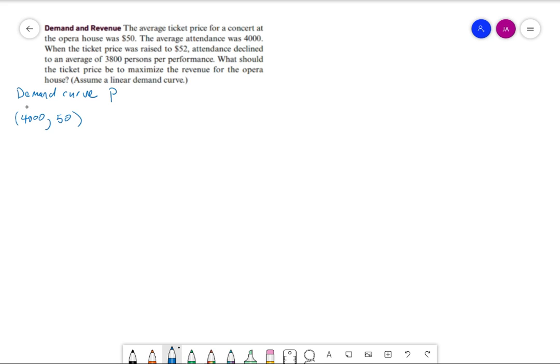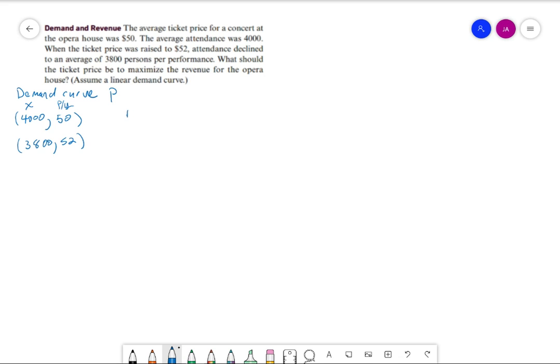And so the x is 4,000, and the P, or the y, depending on which way you want to think about it, is going to be 50 for the first ordered pair. The second one is, of course, going to be 3,800 tickets sold at a price point of $52.